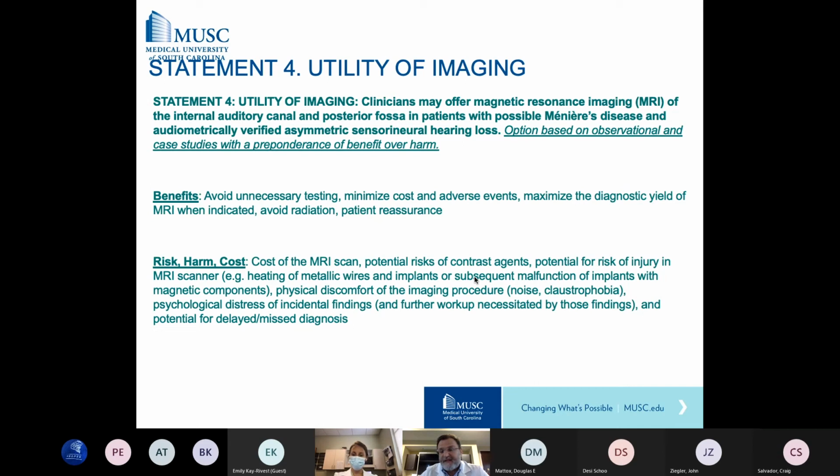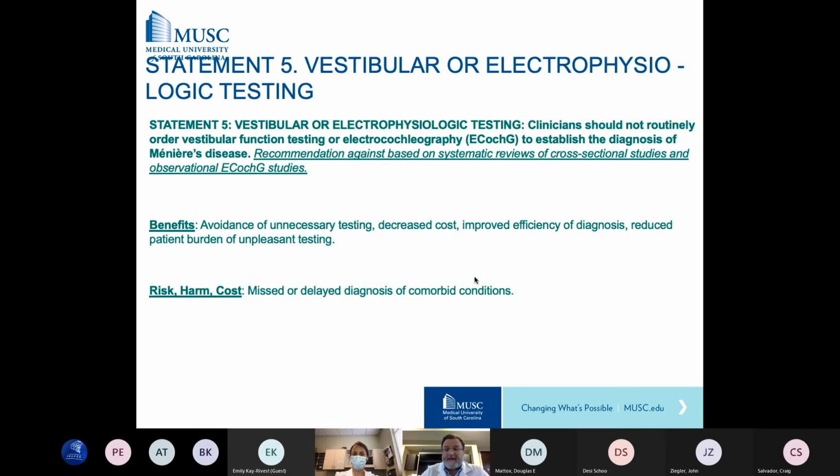But if they have anything super added or anything that doesn't fit the classical presentation, I don't hesitate to get an MRI. I don't get the ECOG, and I don't get a VNG unless I'm starting to think about more aggressive measures, which in her case was starting to build up. In my mind, I wanted to have a baseline of her vestibular function.